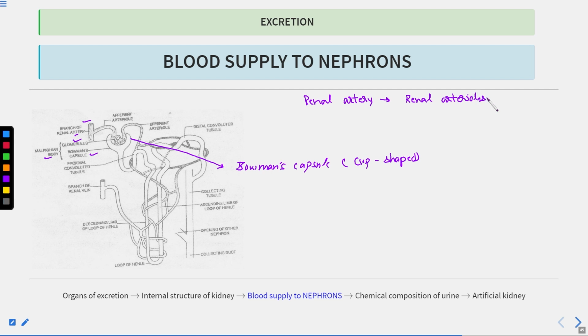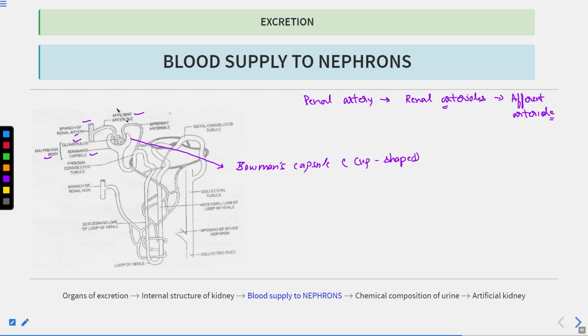Then one of the branches of the renal arterioles forms the afferent arteriole. Alright, this is clear. So here you can see the afferent arteriole.